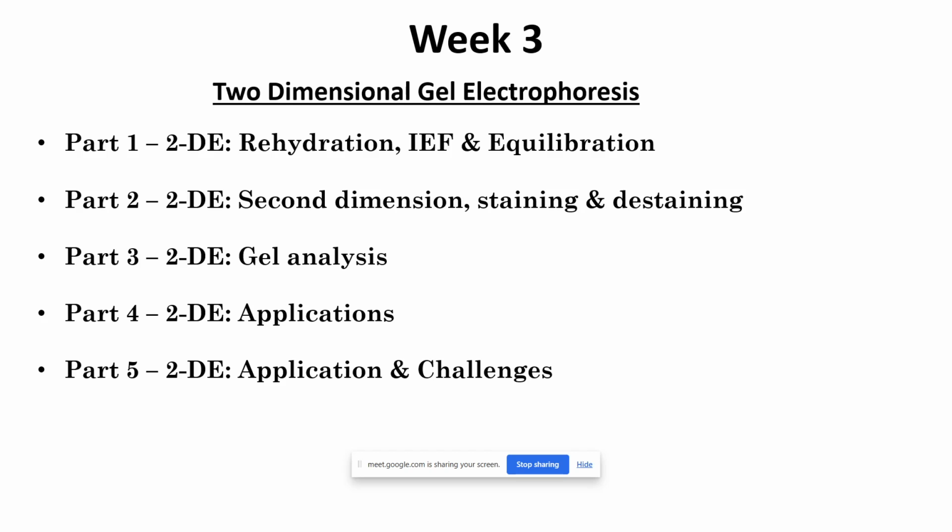Different stains have different sensitivity. Some stains can detect even nanogram levels of protein, some can detect even less than that, while some can detect only microgram levels. Depending upon your need, the cost will also differ. The higher the sensitivity, the higher the cost. So those different types of staining techniques are available, and we can use them. Once the staining is done, we can visualize the gel.